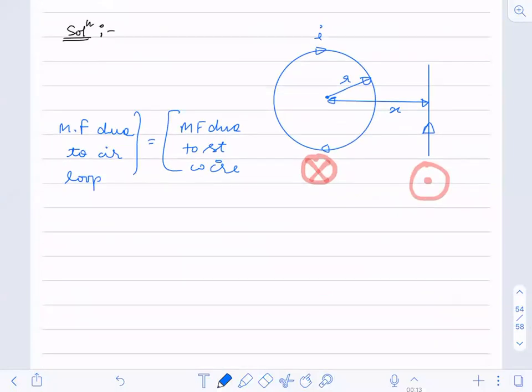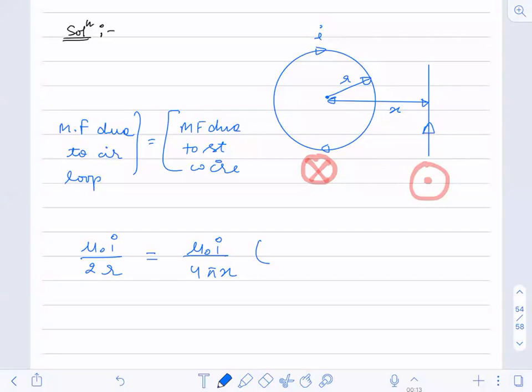So the magnetic field due to the circular loop, how will I write? Mu naught I by 2R will be equal to mu naught I by 4 pi X, sorry, 4 pi X, within bracket.